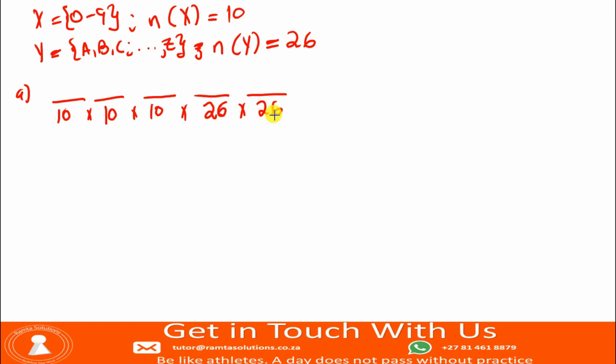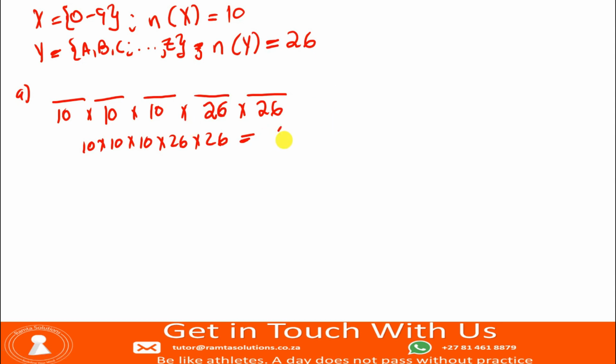So it's 26. You take your calculator and you say this is 10 times 10 times 10 times 26 times 26. With me, I'm simply going to say this is 10 cubed multiplied by 26 squared.